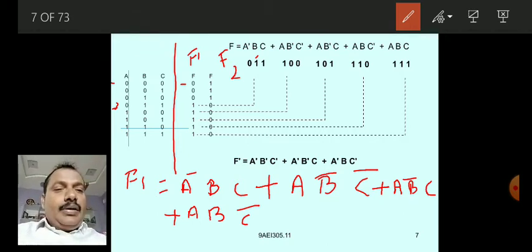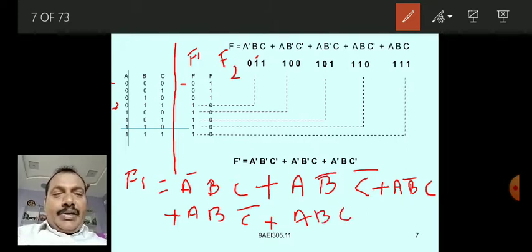Next, plus the next minterm is 111. A is 1, B is 1, C is 1. That means A B C.